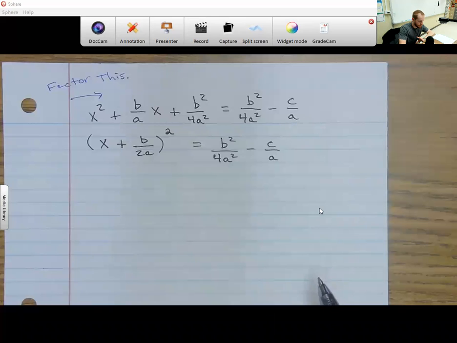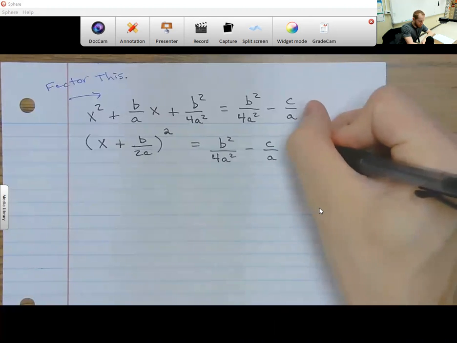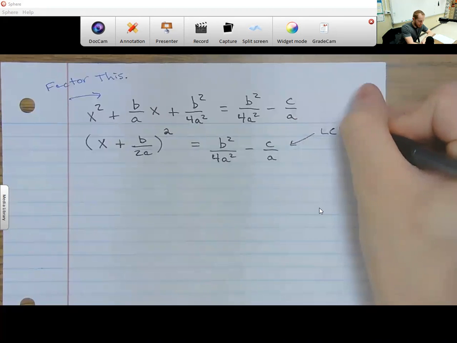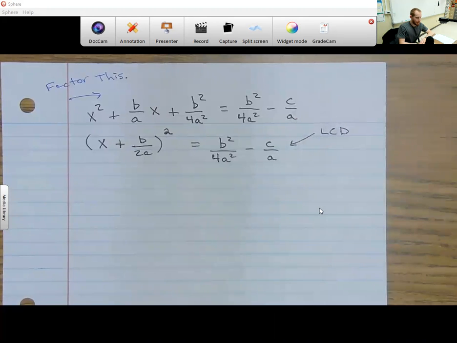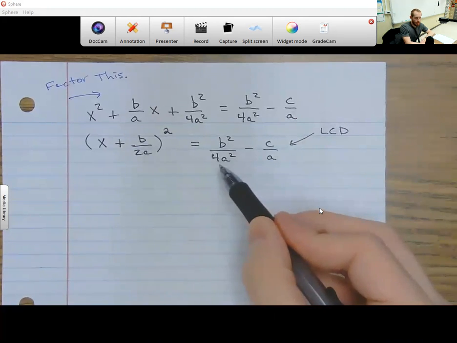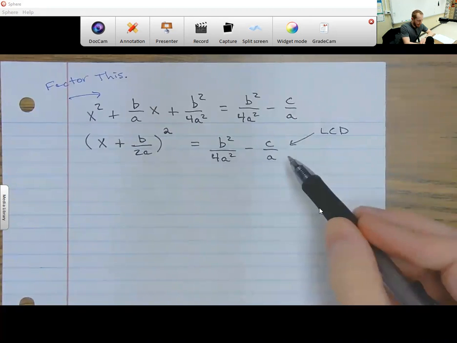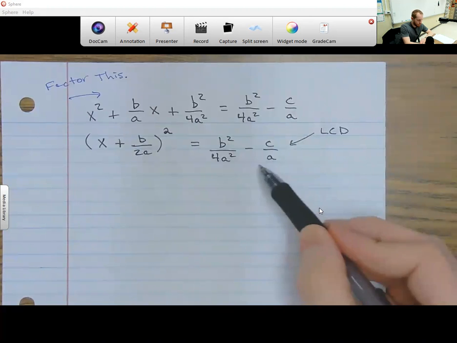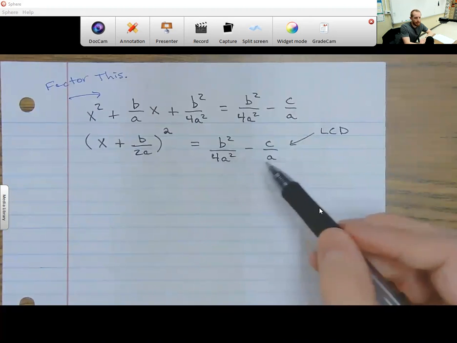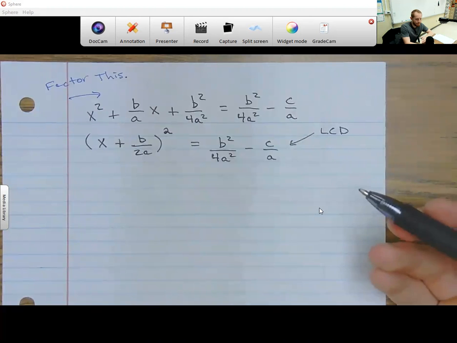The next thing I'm going to do is I'm going to fool around with the right side until I find a least common denominator. So check out the denominators down here. I've got 4a squared and I've got a. I want to find the least common denominator so that both of these fractions can have the same denominator, right?